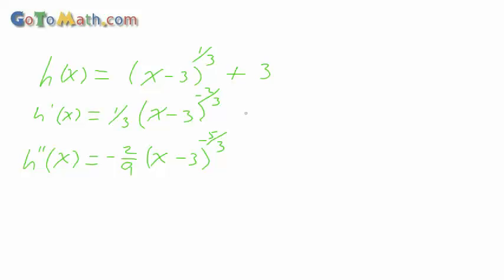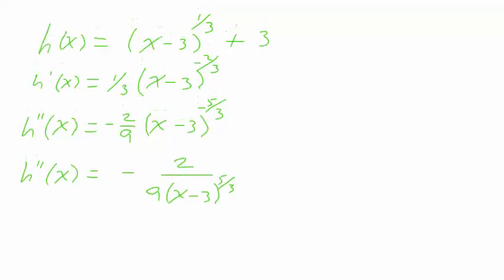Negative 5/3, yeah. And the derivative of the inside is 1. Okay, we'll rewrite this a couple more times. So we have negative 2 over 9, and then x minus 3 raised to the 5/3.